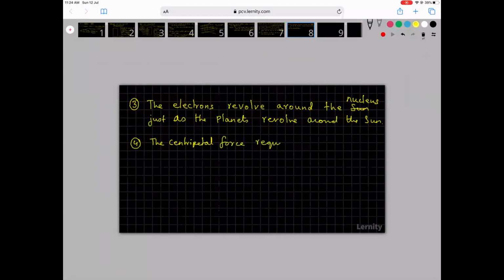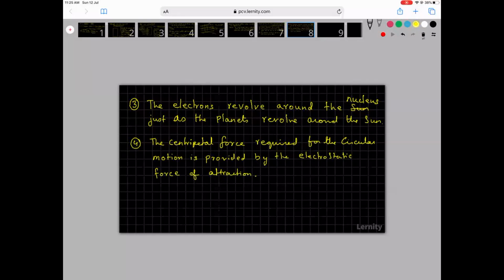The centripetal force required for the circular motion is provided by the electrostatic force of attraction. Not a very important point, but nevertheless it is a point.